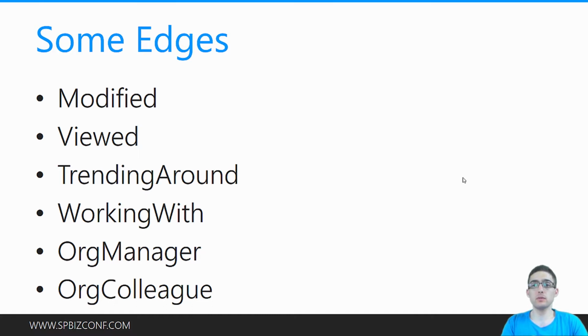So based on the documents I'm editing, the emails I'm sending, and the people that are either modifying my documents or exchanging with me in conversations, the graph will guess who I'm working with in the company and will be able to provide that information for developers. Also, we will have other edges like the colleagues, the manager of an employee, and things like that.